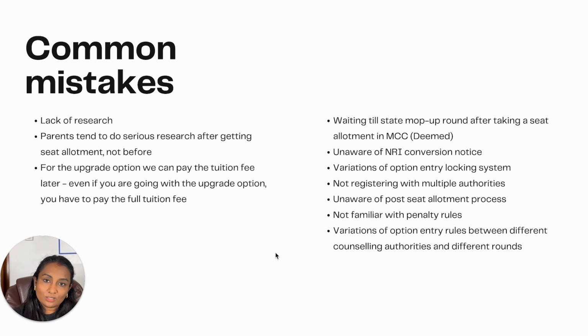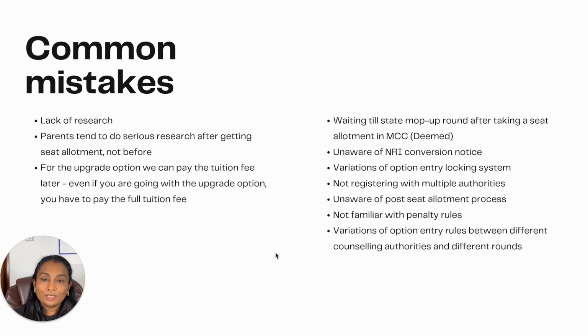Unaware of the post-seat allotment process. Many state authorities have, once the seat is allotted, it's not like, okay, we'll just go and report. Even after you go report, there are post-joining formalities which you have to do online. So you have to be a little bit aware about the post-seat allotment process. Each counseling authority has different rules.